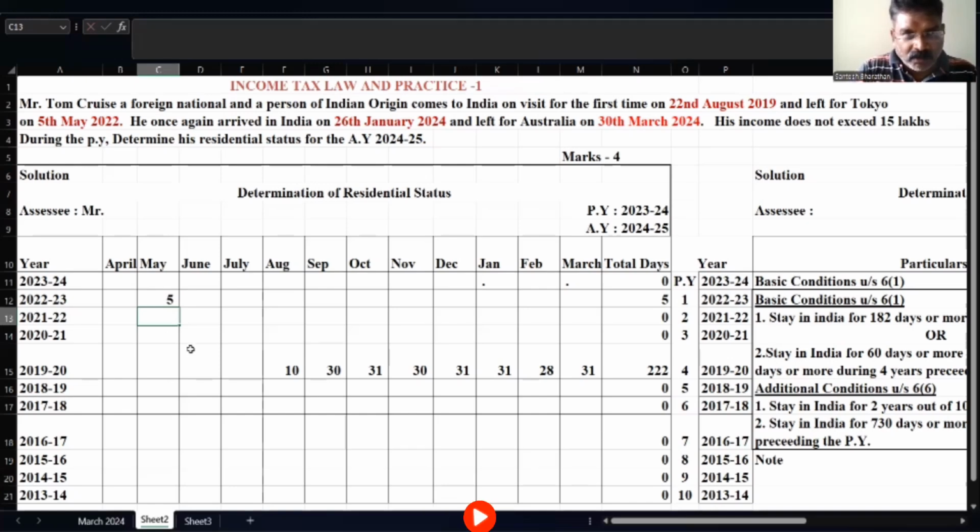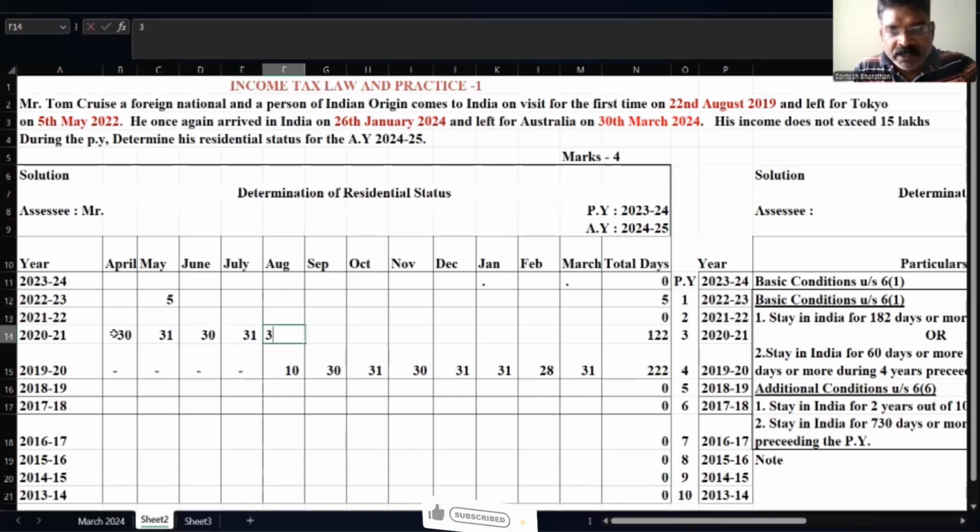So the rest of the years I'm going to fill now. Here I'll mention 0. He was not there, not there, not there. So this column I will take 2021. He was present in India in that particular year, all the days. So April 30, May 31, June 30, July 31, August 31, September 30, October 31, November 30, December 31, Jan 31, February 28.